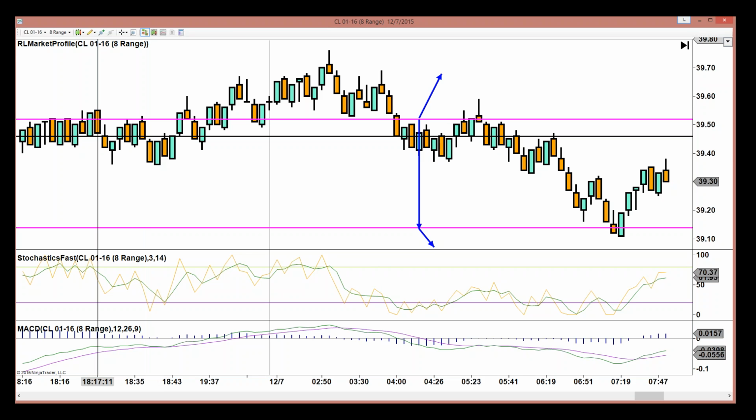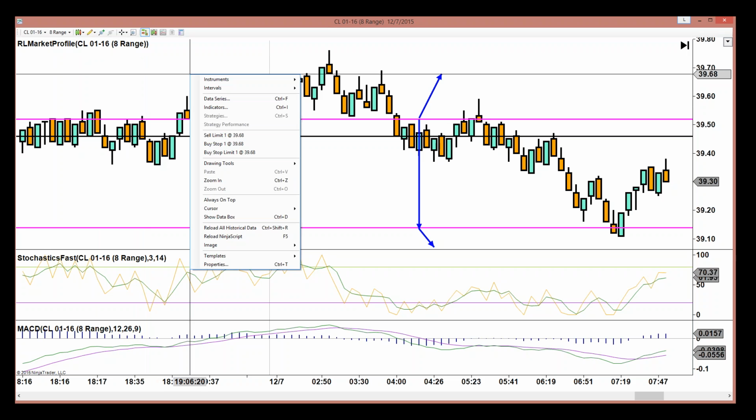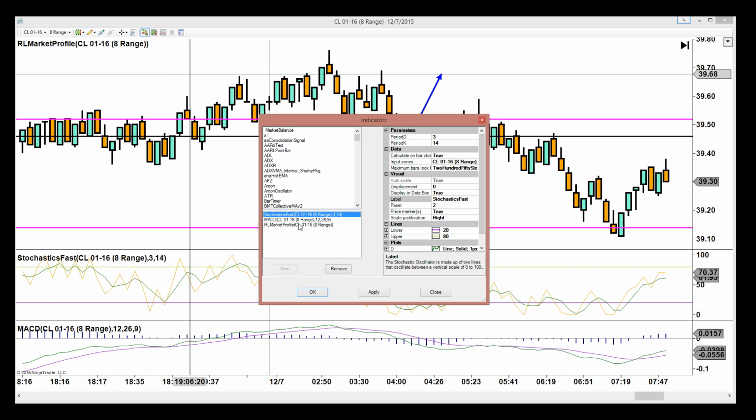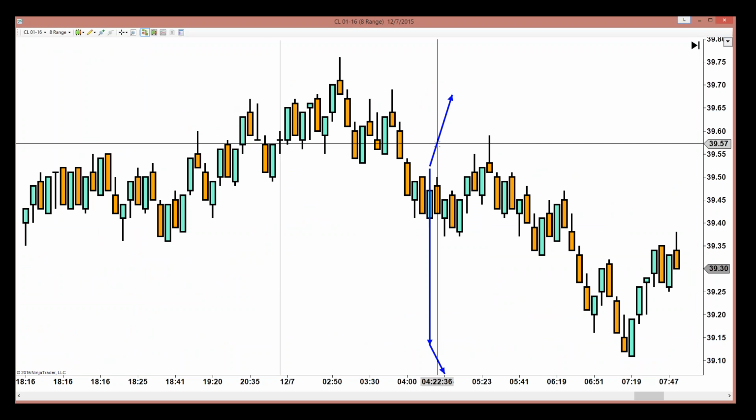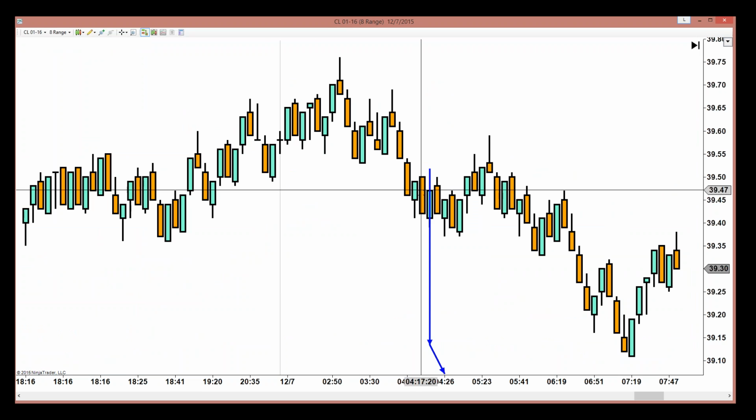Now let's take off all the indicators and let's just go to a completely different philosophy. And this is the philosophy of Right Line. I'll take this off.